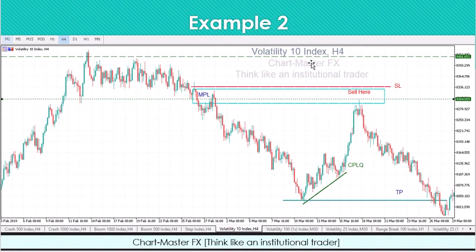So usually guys, I do my top down analysis starting from the monthly. I draw my supply zones, I draw my demand zones, I wait for the price to come back there.